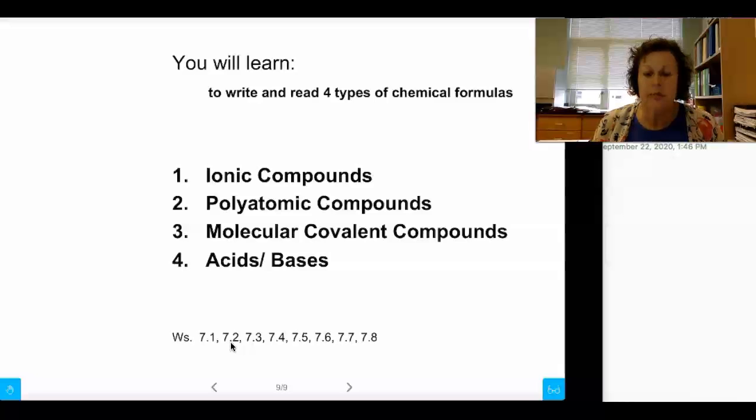And it's really important that we work on these, because if you do not get how to name ionic compounds, polyatomic compounds, covalent compounds, and acid and bases, and be able to do that in a formula versus a name, I don't think you're going to do well on the test. And so this is the best way to review for the test.